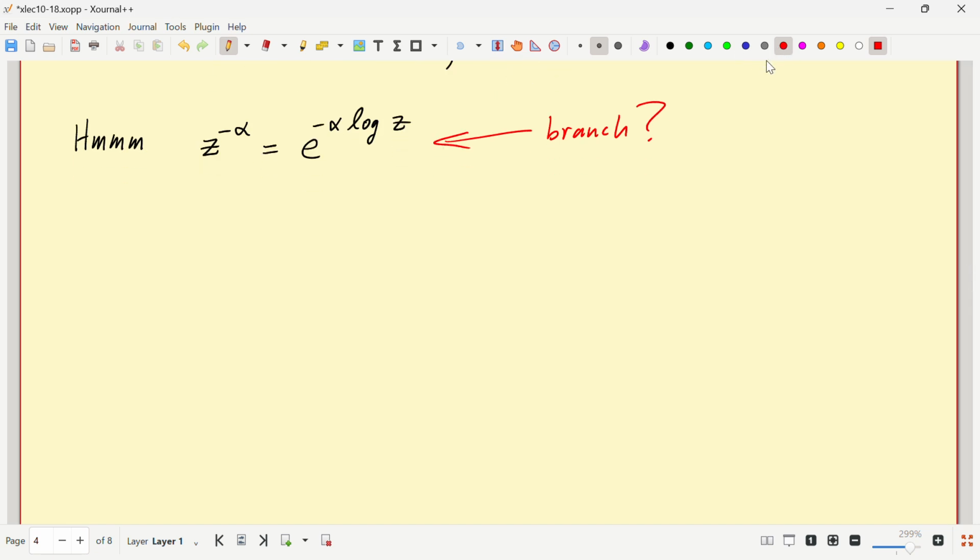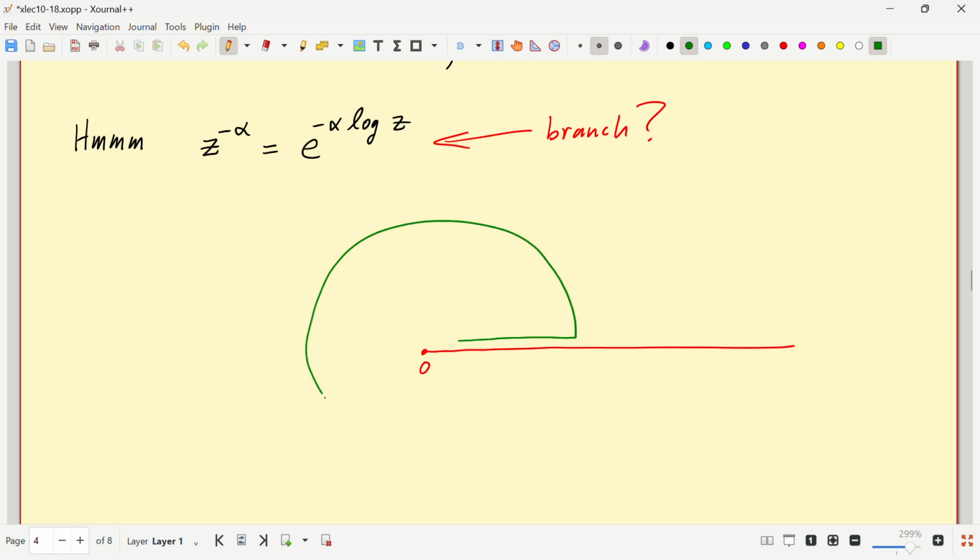I have to choose a toy region that would be relevant. Here's the origin, and here's the positive real axis. I'm going to choose a toy region that goes like this. I kind of think of this as a Pac-Man shape.